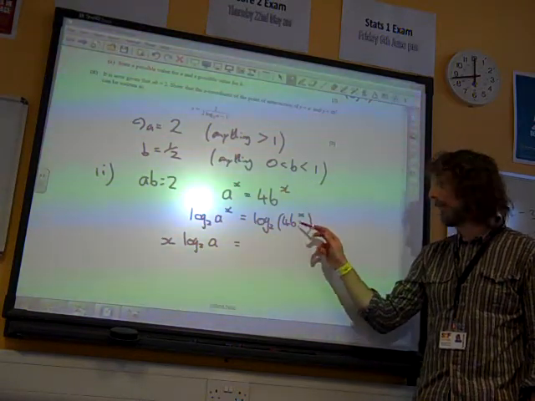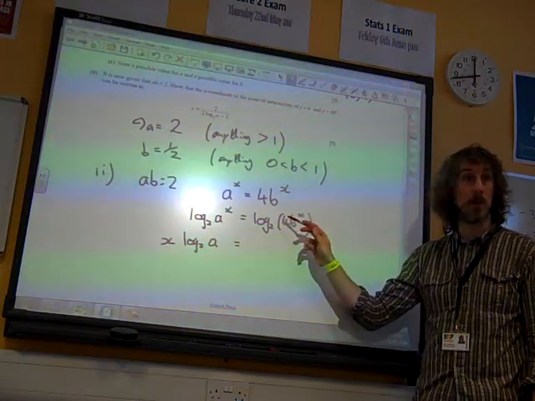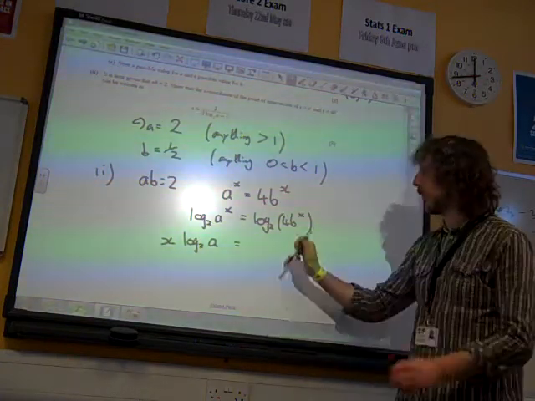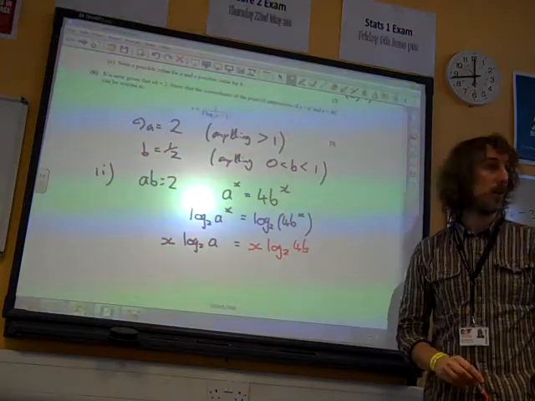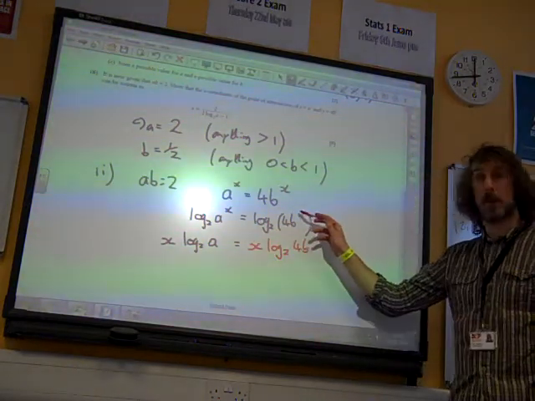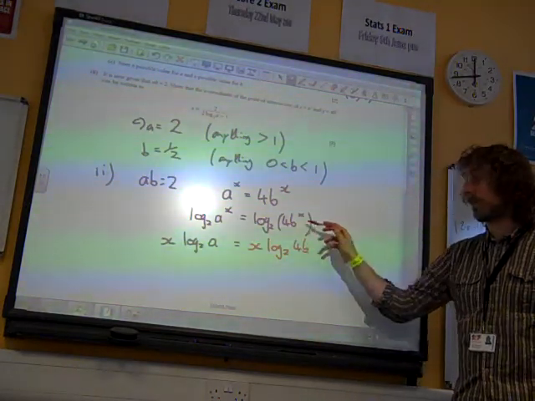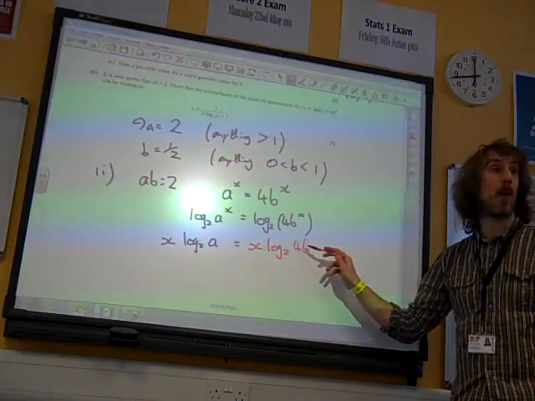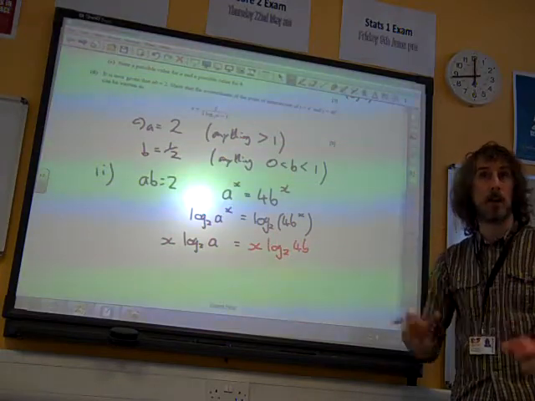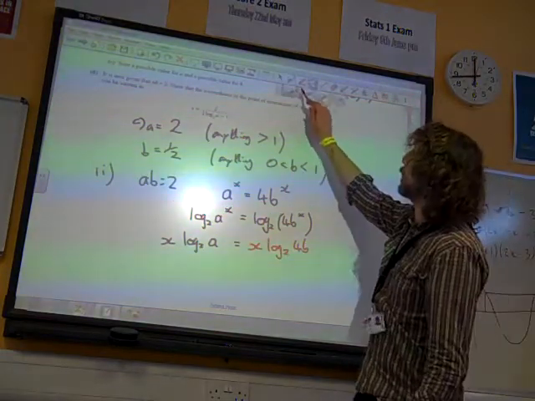Now this was only b to the x, it wasn't 4 to the x. So this line would be wrong, because that is not the same as that. It's not true to bring the x down to the front, because that would imply that x was the power of 4b in brackets, and it's not. So that wouldn't be right.